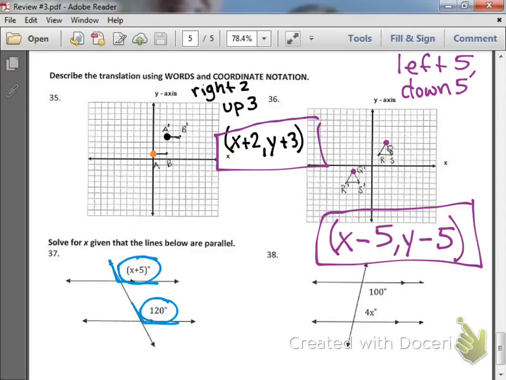Okay, so the answer is no, they're not alternate interiors. What'd you say? They're what type? Corresponding. Good. Okay, and corresponding angles are congruent. So set them equal. And then solve to get your x value.